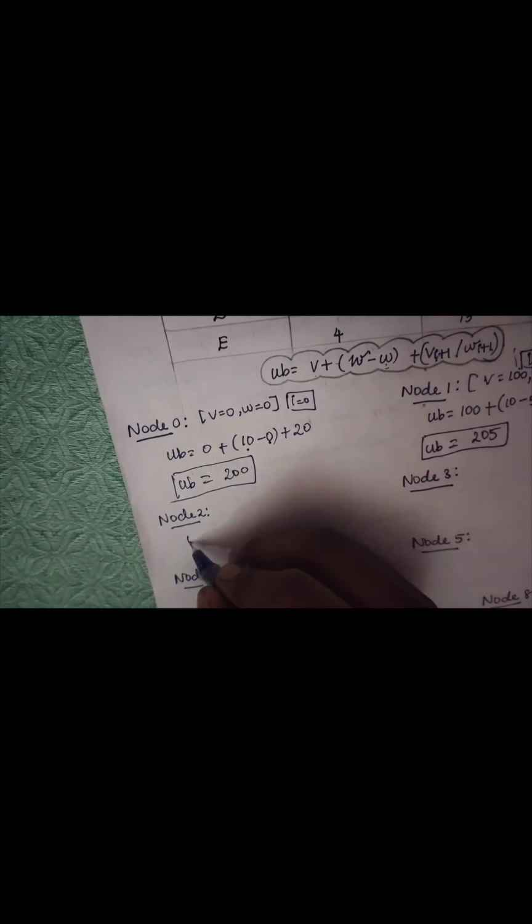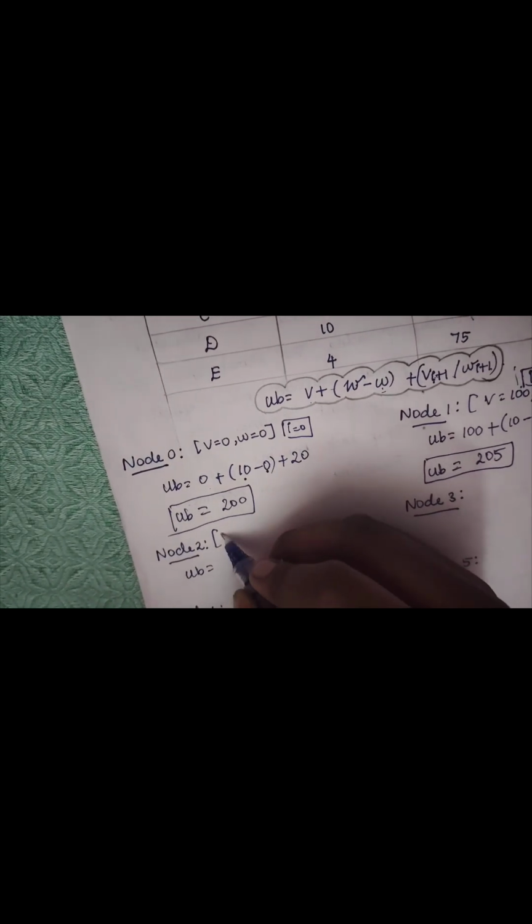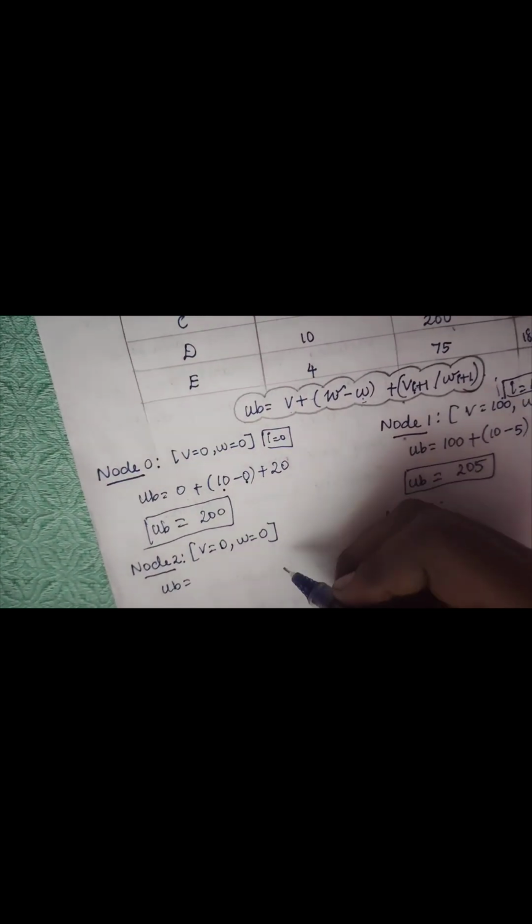Then let's go with node 2. What are the values of V and W here? We are taking V value as 0 and W value as 0. Why here? Because we are taking this tree with item 1 and without item 1.